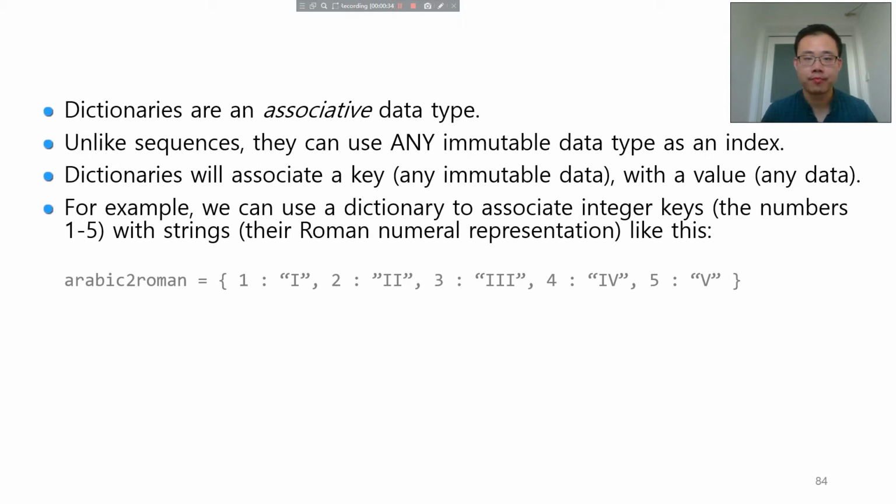relationship. So they can use any immutable data type as an index and a value of any data, immutable or mutable. For example, you can have a dictionary to associate integer keys with strings, like their Roman numerical representation, like this. 1 to I is a 1 in Roman letters, and we use the quotes here.